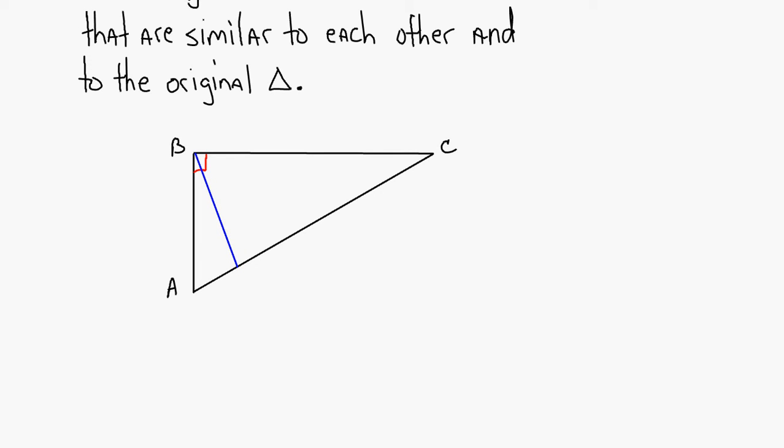It's going to intersect the hypotenuse at 90 degrees. And call that point D. That altitude created two more right triangles. Those triangles are similar to each other and to the original triangle.